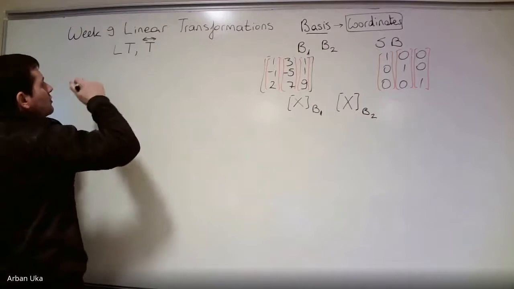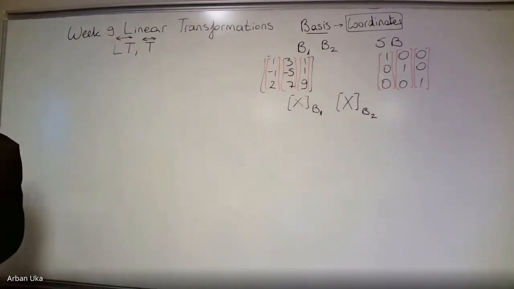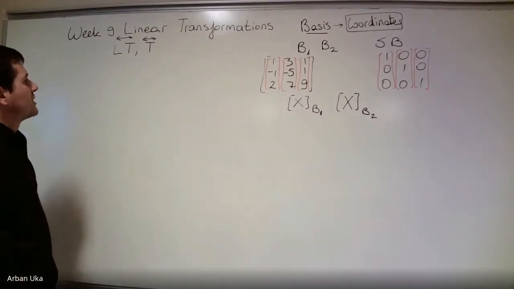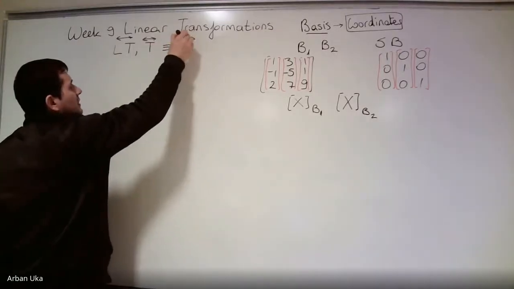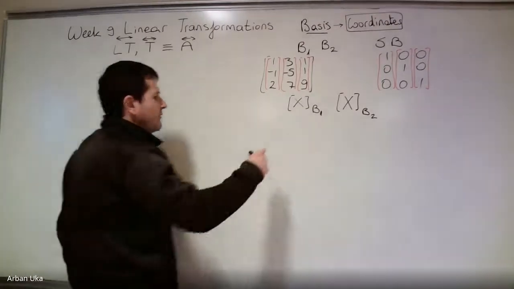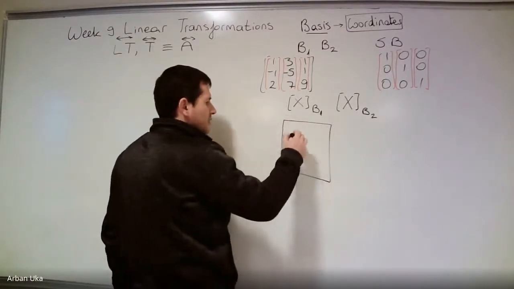We're going to see that either LT or T can be written as equivalent to a specific matrix. So we can denote this as equivalent to a matrix A. The general idea is that we often want to switch from one basis to another, and we're going to see very often this picture.